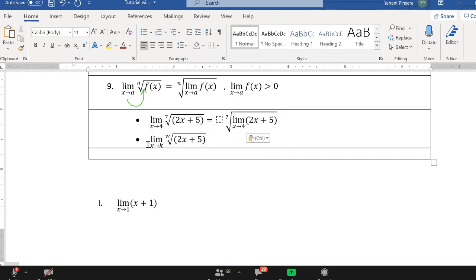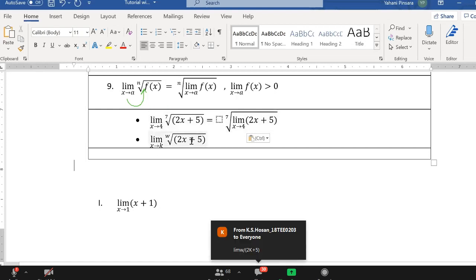Likewise here, x is there in this function, so this is a function of x. X is the limit's variable, so you can apply this rule.